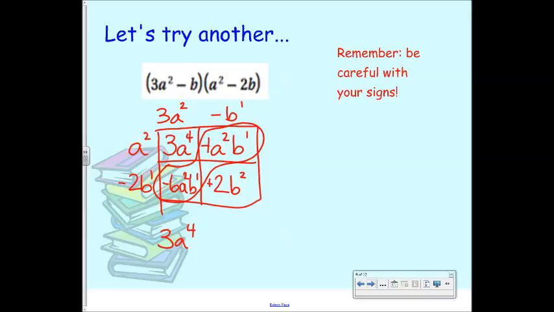Because negative 6 and negative 1, when the signs are the same, you add them and always keep the sign of the bigger number. The bigger number is 6. So it's a negative 7. And then the last one would be plus 2b squared. All right, so once they're in the box, the exponents don't change. Once you've got your box all done, the exponents stay the same. So if this is a2b1, then this should be a2b1. The only thing that's going to change once you've got your box filled out is the coefficients.